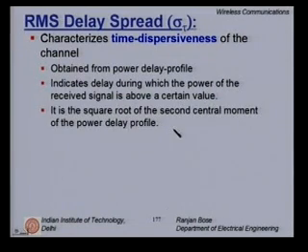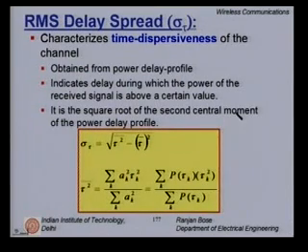It is the square root of the second central moment of the power delay profile. So, mathematically, sigma subscript tau is equal to the square root of tau squared bar, the average value, minus tau bar squared, which is the second central moment of the power delay profile.